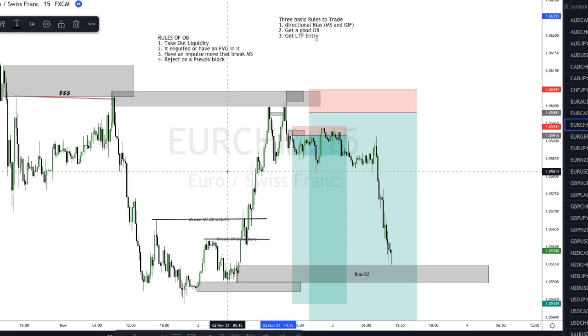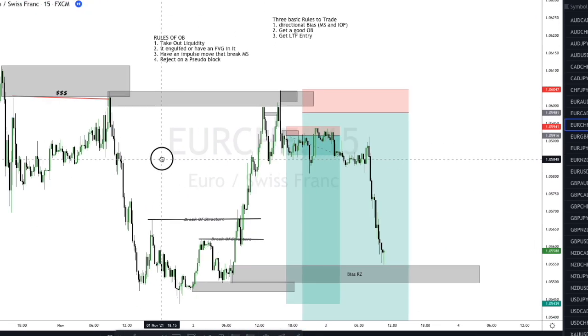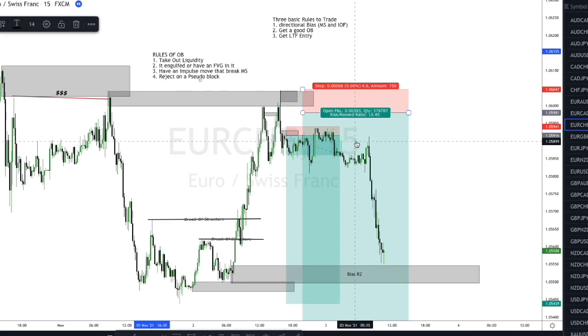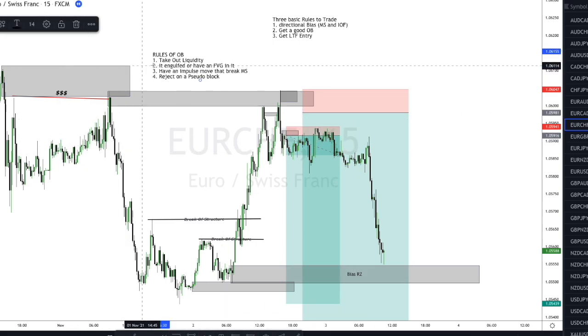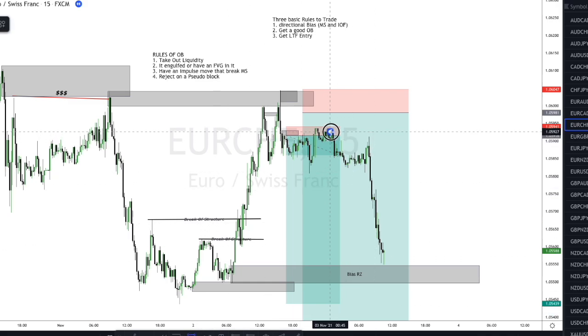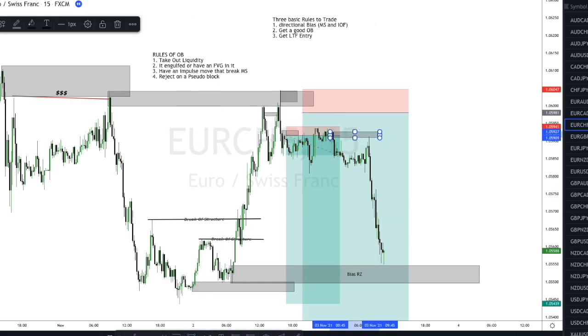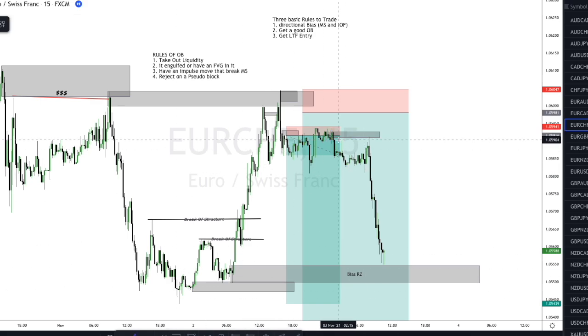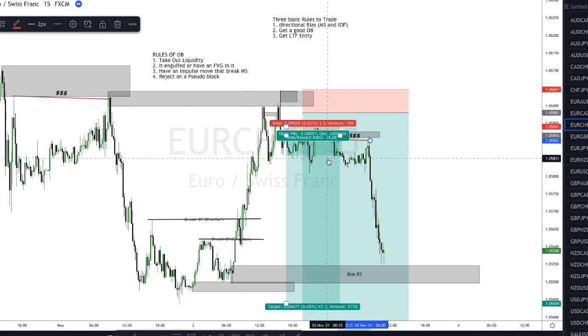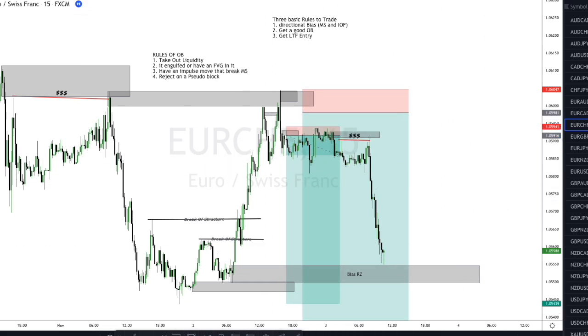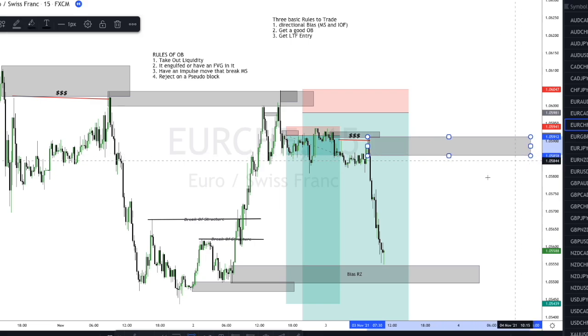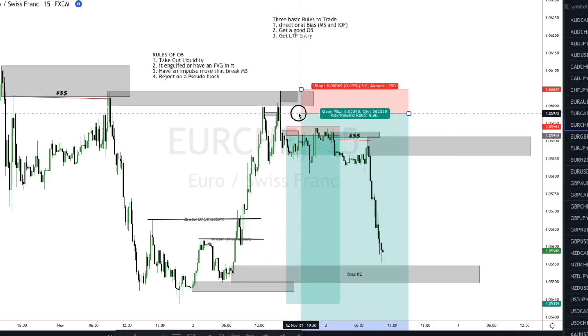Then I could also see the rules of order block being met. It took out liquidity, took out this high. Can you see that? It rejected on another pseudo block, which is what we have here. It rejected on this block and took out this liquidity. So I was expecting to take another sell from this particular block. Don't forget, I already have two trades running on this trade. The first one was here.